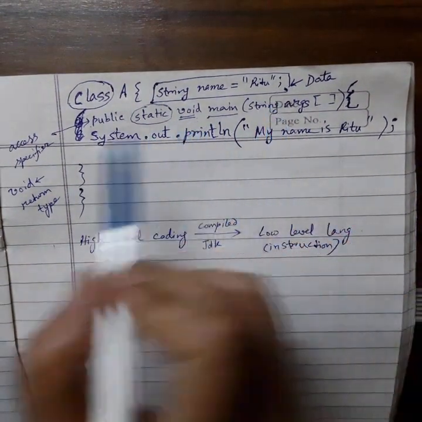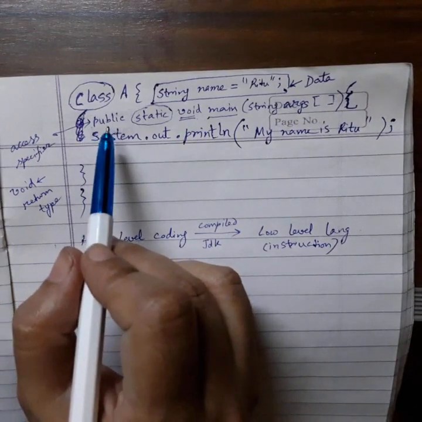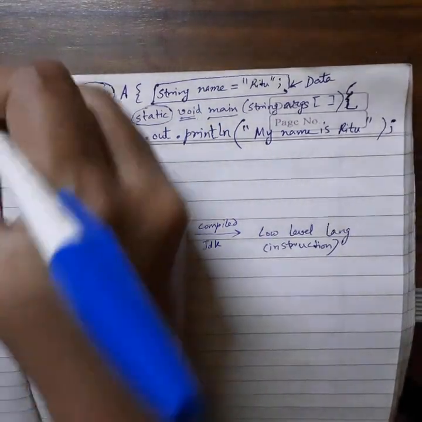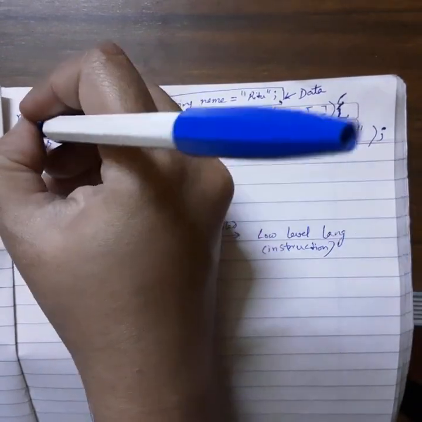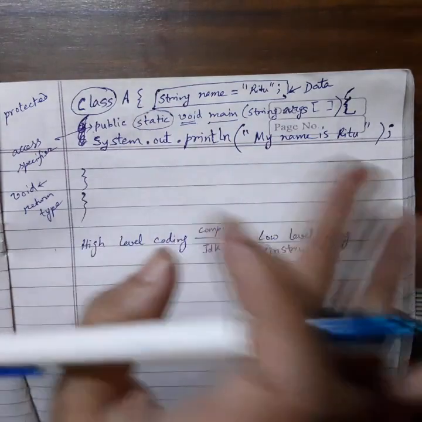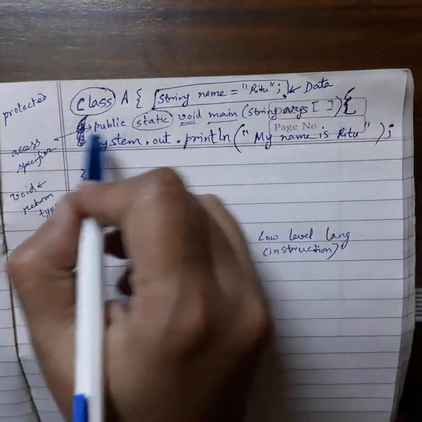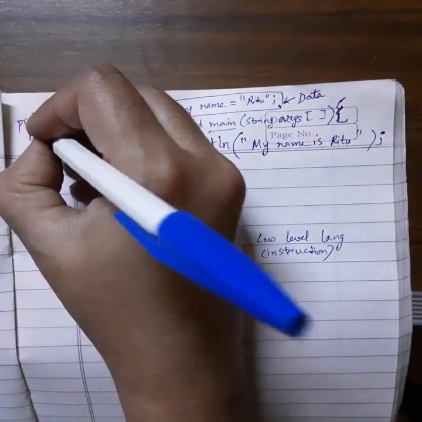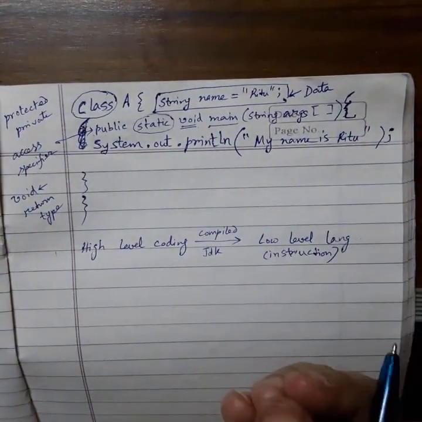So main has to be public for JDK to access. There are other access specifiers like protected. There is a default access specifier wherein you do not give any access specifier at all. That is, you do not write anything, then it becomes default. Then there is private. These all have got different utilities.